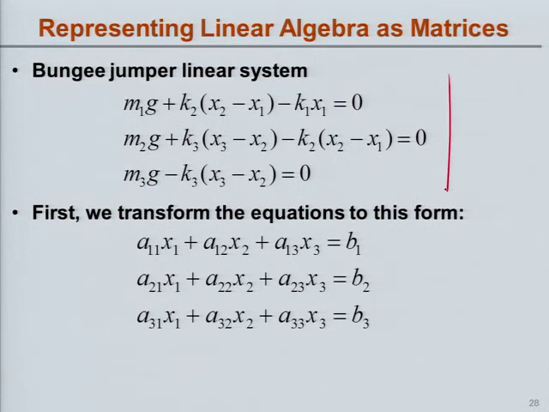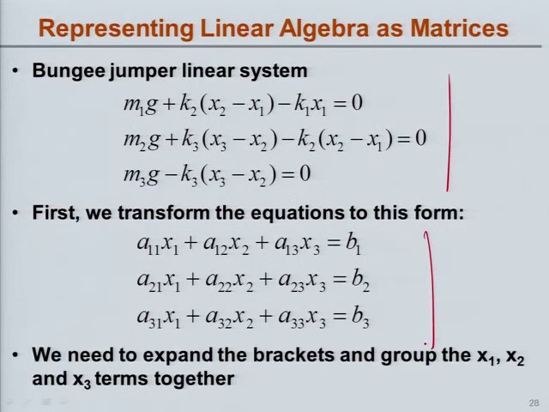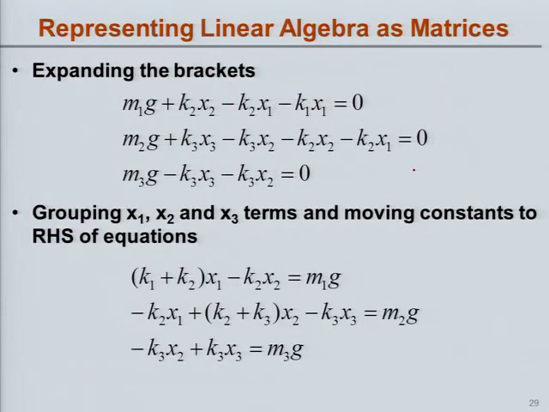So this is what we've started off with. We want to write it in a form that looks like that. Well, I think you can see, or at least I hope you can, we just need to group the x1s in this equation, then the x2s and the x3s, and likewise group everything together so that we can write it in this form. Starting off, expand the brackets, that's obviously the first thing you're going to do.